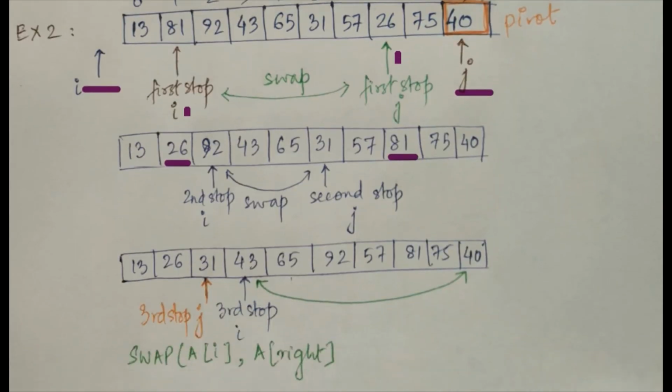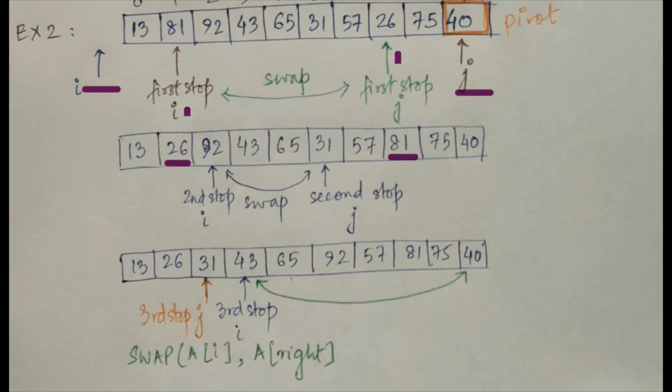After swapping, i was here. It will keep moving rightwards till it finds something which is greater than 40. So i stops here, but j was here. It moved leftwards and it found 31, which is less than 40, and it actually crossed i.